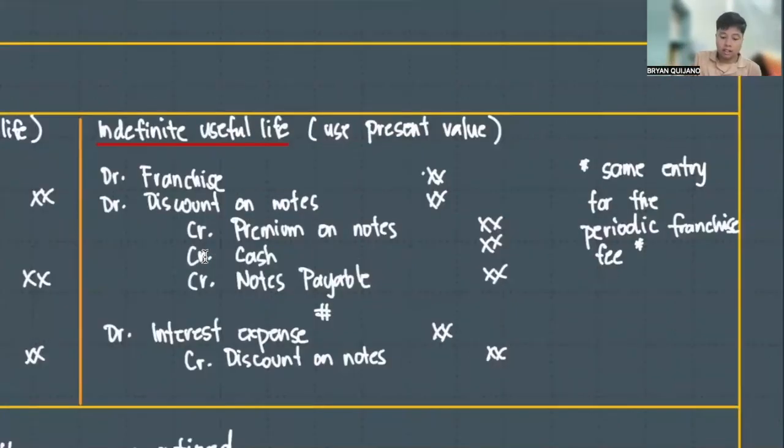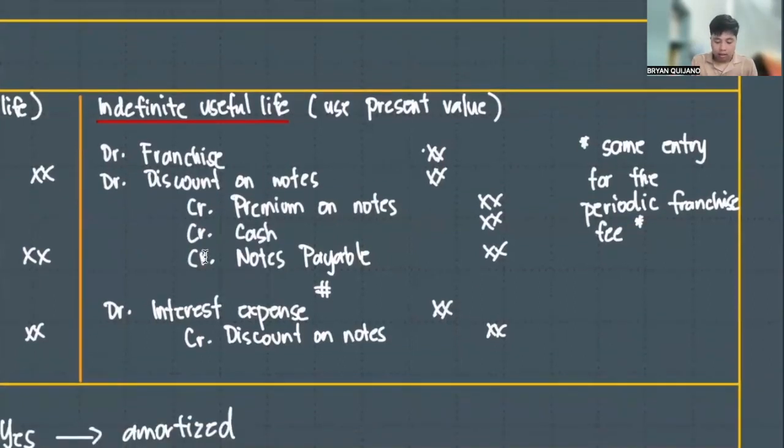For franchises with indefinite useful life, we are going to use the present value. Then for the journal entries, we will record a debit to franchises. It is a case-to-case basis if you're going to record a discount on notes payable or a credit on premium on notes. If you have paid notes payable, then credit cash.